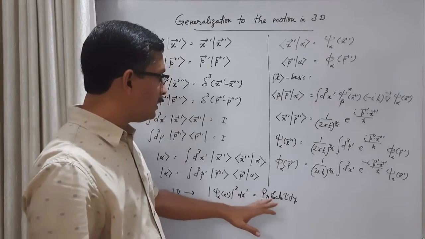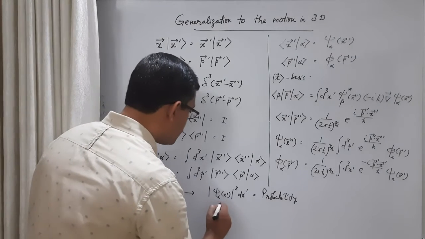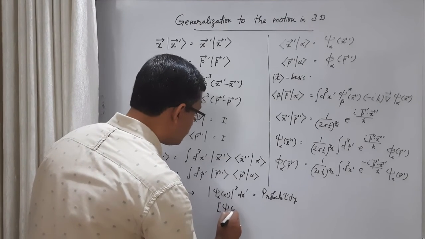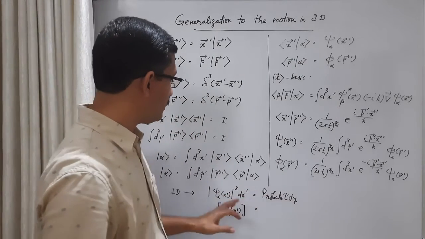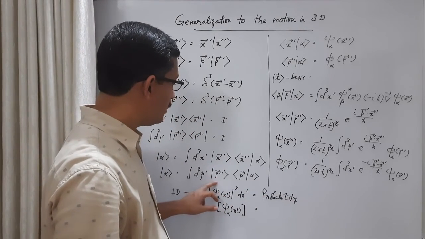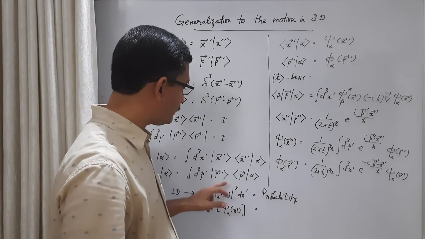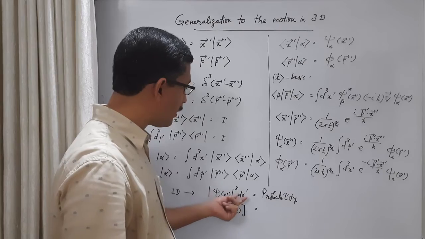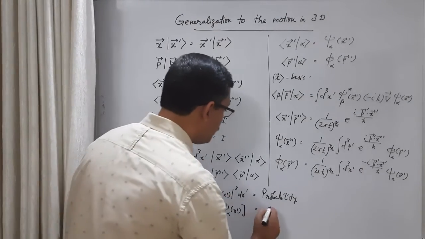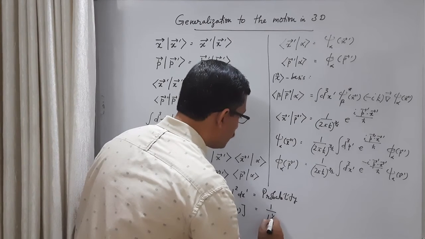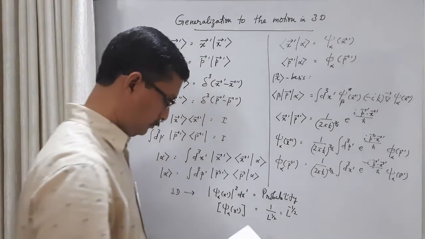So this is probability, and it should be dimensionless. Then what is the dimension of psi alpha x'? The dimension of |psi alpha x'|² should be 1 by length. So the dimension of psi alpha x' should be 1 by L^(1/2), or L^(-1/2).